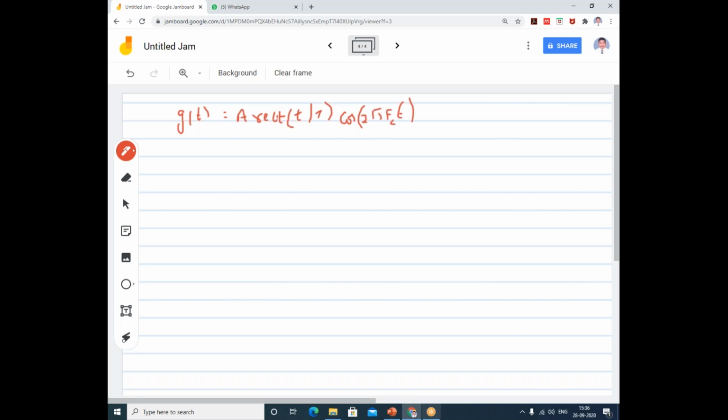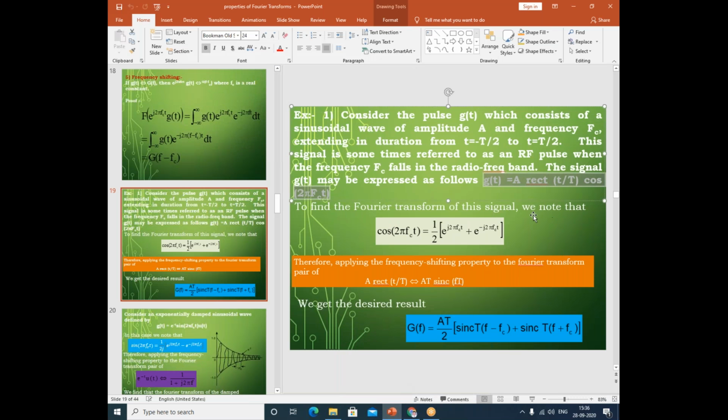This is the RF pulse that is given in the problem. Please observe this problem. The signal g of t may be expressed as g of t equal to A rect of t by T cos 2 pi fct. For this I want to find the Fourier transform.